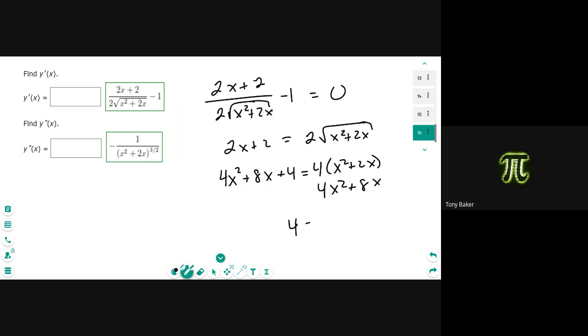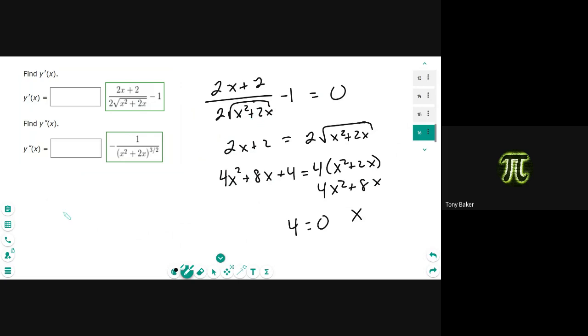So actually we end up getting 4 equals 0, so there is no place where this is going to equal 0. So remember there's 2 possibilities for critical numbers. It's where it's going to equal 0 and it's where it doesn't exist. So this one doesn't exist when x is 0.